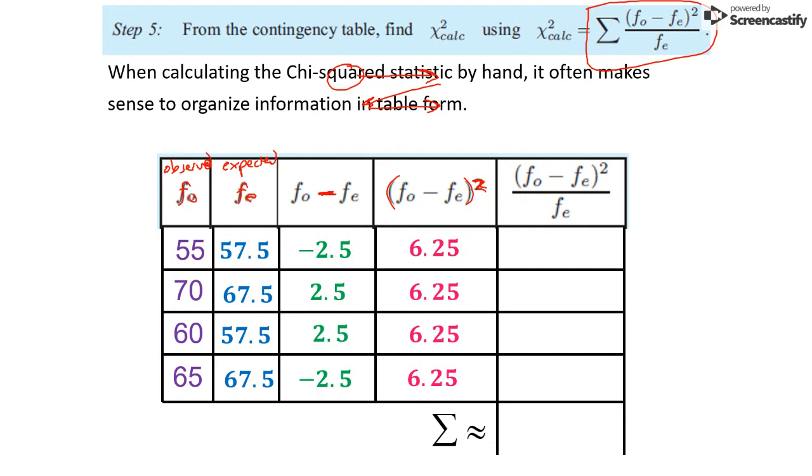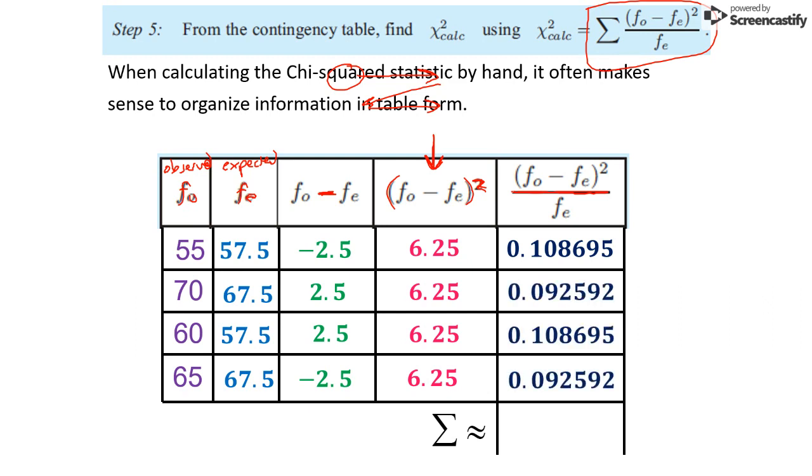And now that last column is taking each of the values that were squared and dividing by the corresponding expected value. So I'm making a comparison to the expected value. So 6.25 divided by 57.5 is 0.108, and so on. Each of those values ends up with some decimals.